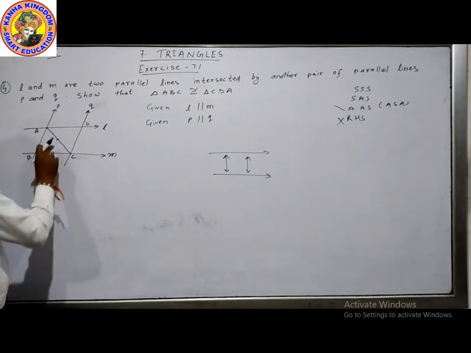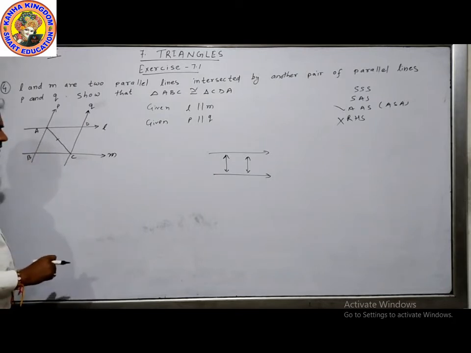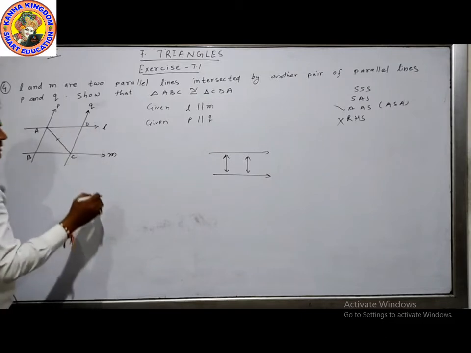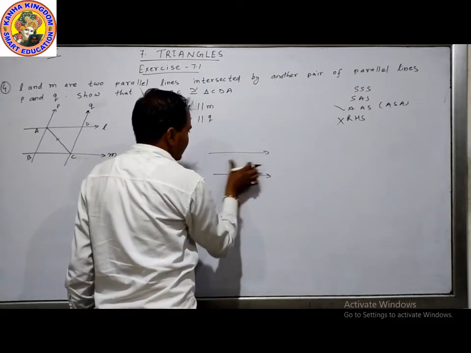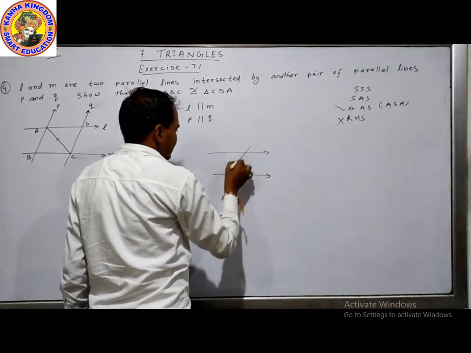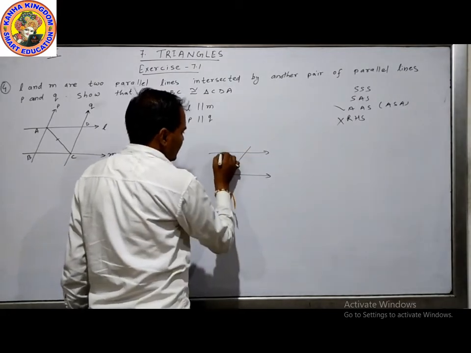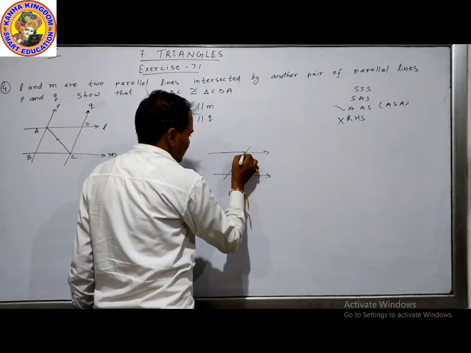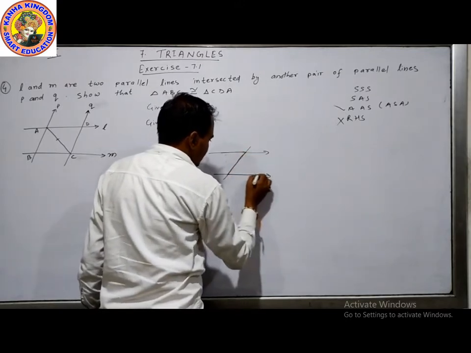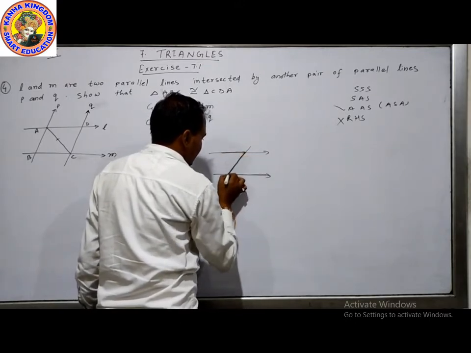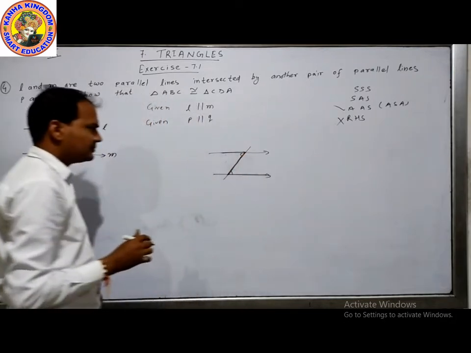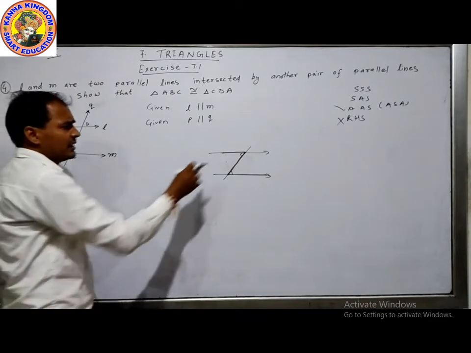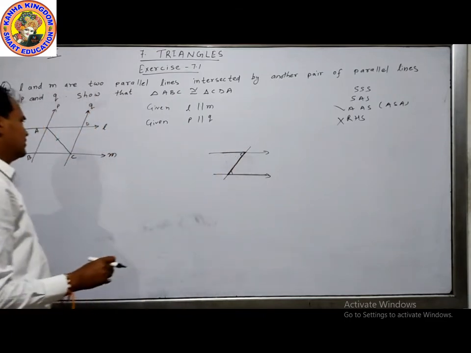First of all, one side is equal. Then in parallel lines, when any line intersects them, there is a figure like Z. In this Z, alternate angles are equal.